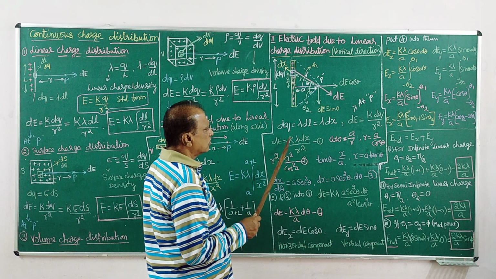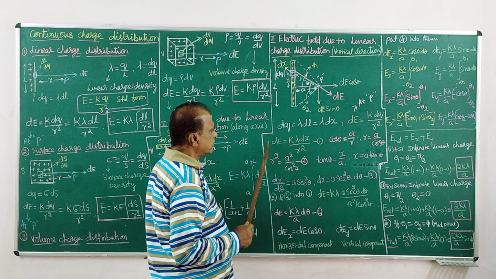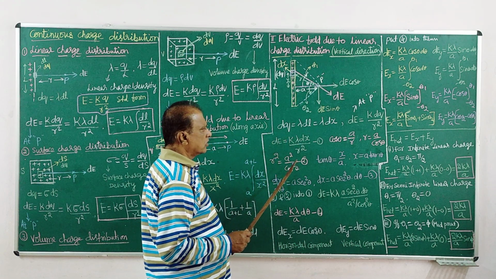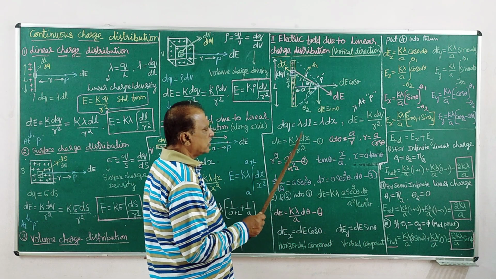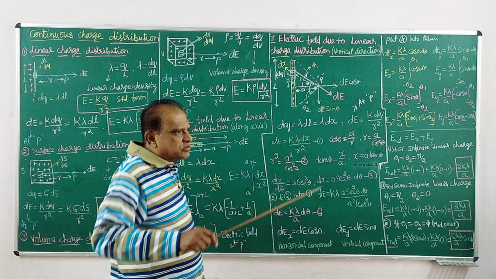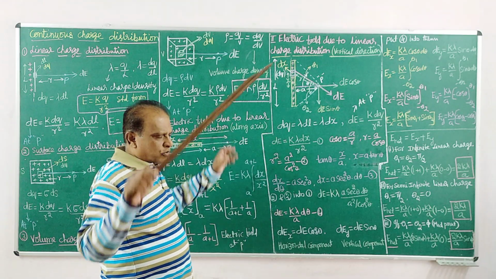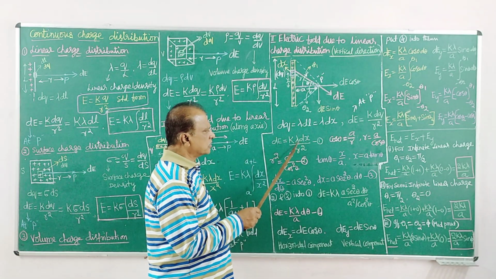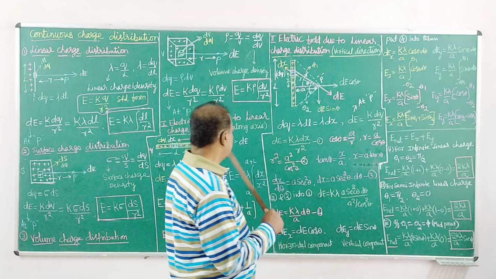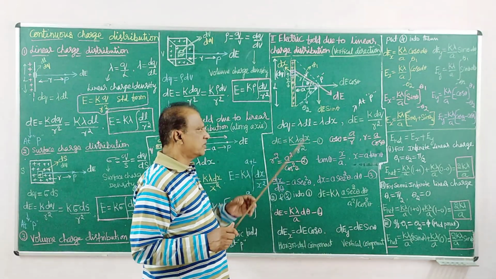Then, for the total effect, you write the integration of this. If you integrate with this function, the integration becomes laborious and tedious. If you substitute all these things and do the integration, it becomes a laborious process.